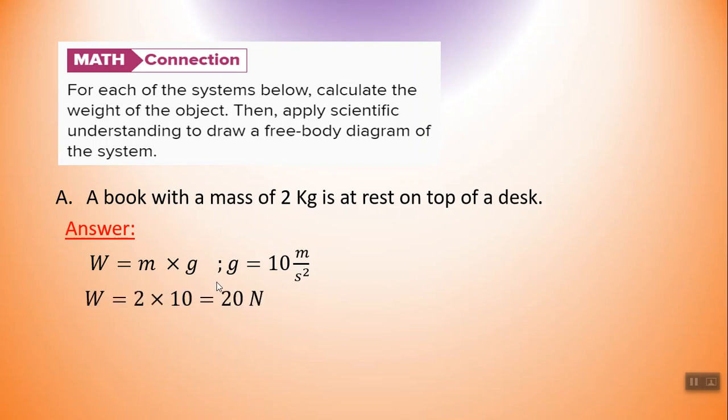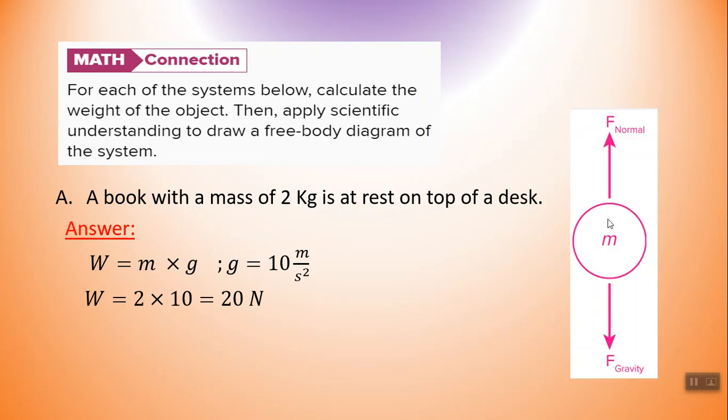Substitute the numbers, and the weight for this book is equal to 2 times 10, which is 20 newtons. And for the free body diagram, we can draw it as shown in this figure, because this is the object, the book, and the gravitational force is downward, and we have the same magnitude but the opposite direction of normal.